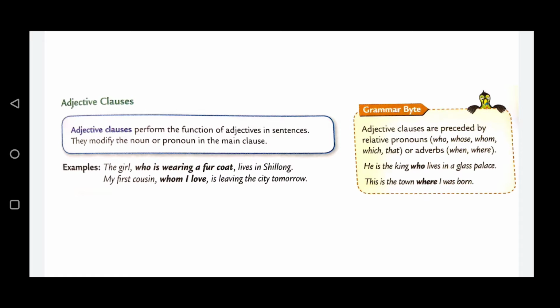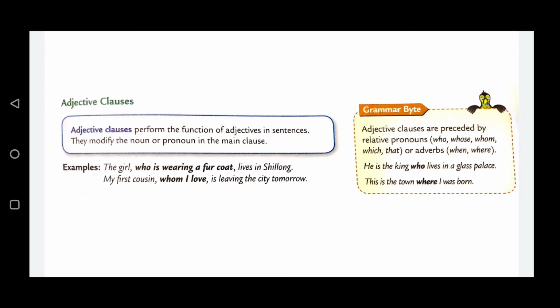For example, my first cousin whom I love is leaving the city tomorrow. So, the noun is cousin and whom is a relative pronoun. This is used as adjective clause.